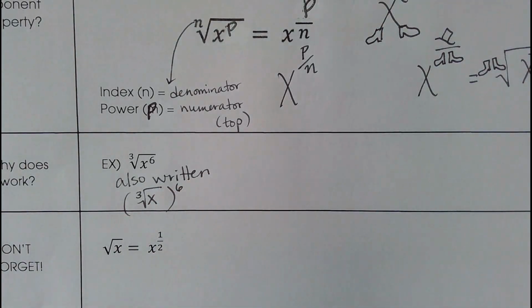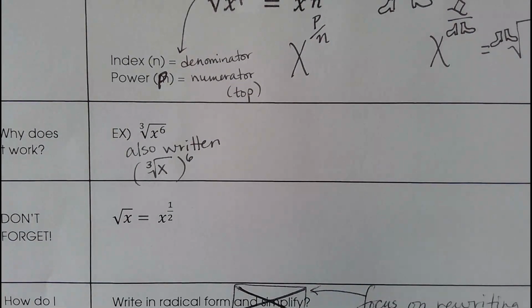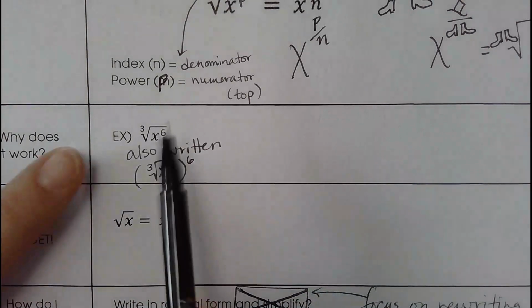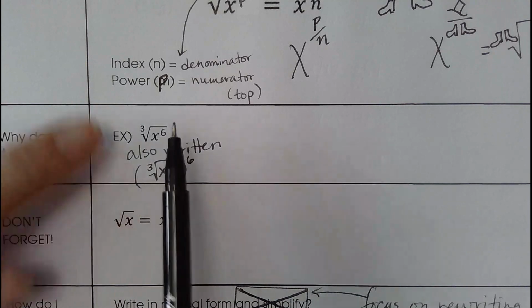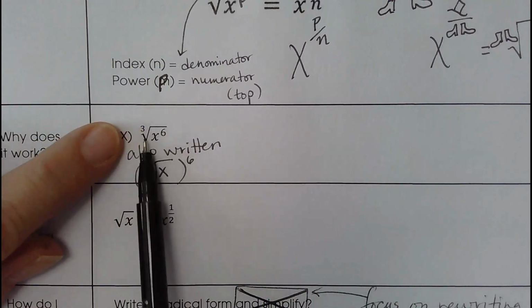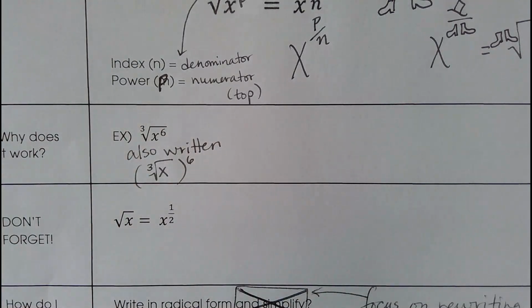It doesn't matter if you do cube root first and 6th power second, or 6th power first and then cube root second, it's equivalent. Those mean the same thing.